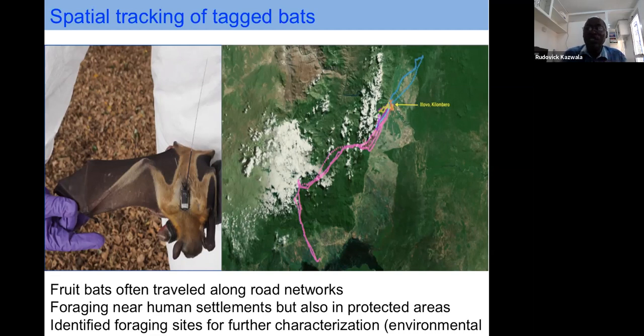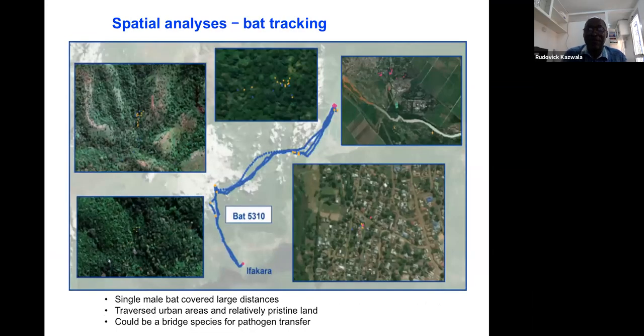And we could see through satellite data where these animals are going. And here is one of the examples. They go into some places where they are urban, and they go into the forest, mainly in search of food. And now, if these bats could be harboring some pathogens, it's likely they can spread easily throughout the country and in other places.